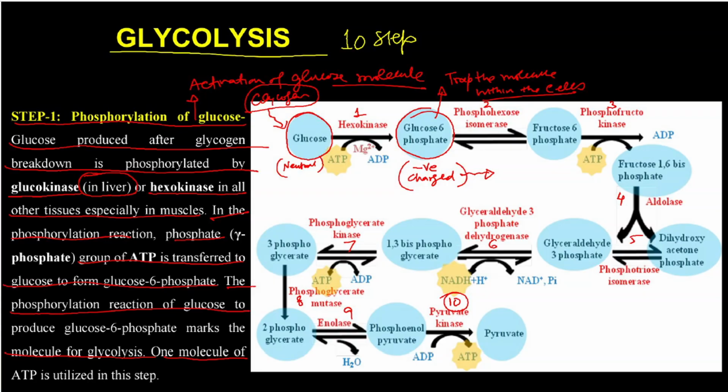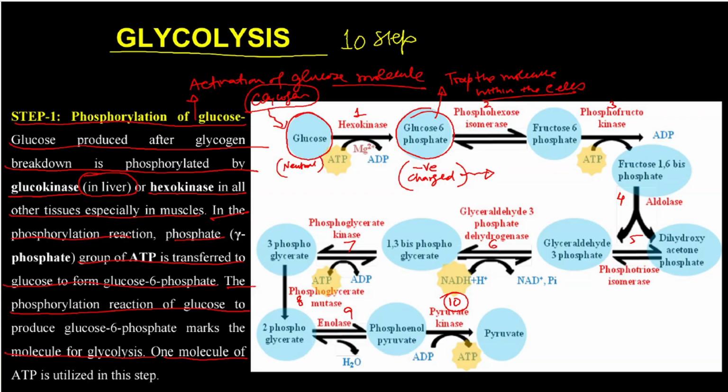In the phosphorylation reaction, we need to add a phosphate group to this glucose. Where will this come from? It will come from an ATP molecule. Only an ATP can provide this phosphate group so that this glucose can be phosphorylated. Also, this step requires energy, so an ATP molecule will be utilized here.